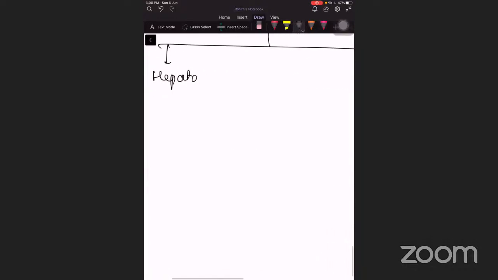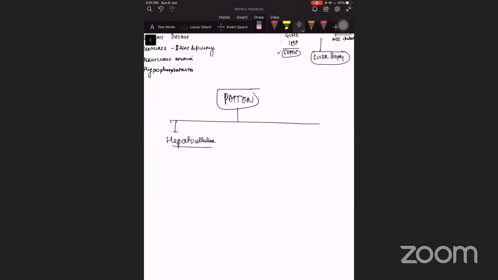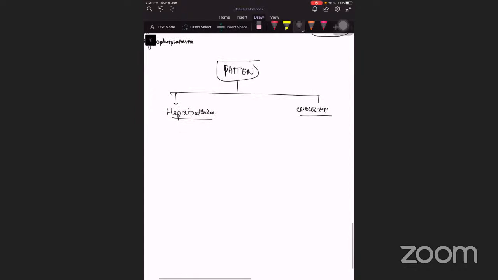We may have a hepatocellular pattern, or we may have a cholestatic pattern. In the hepatocellular pattern, we define it by enzyme levels more than 3 times in the AST-ALT and ALP-GGT less than 2 times.